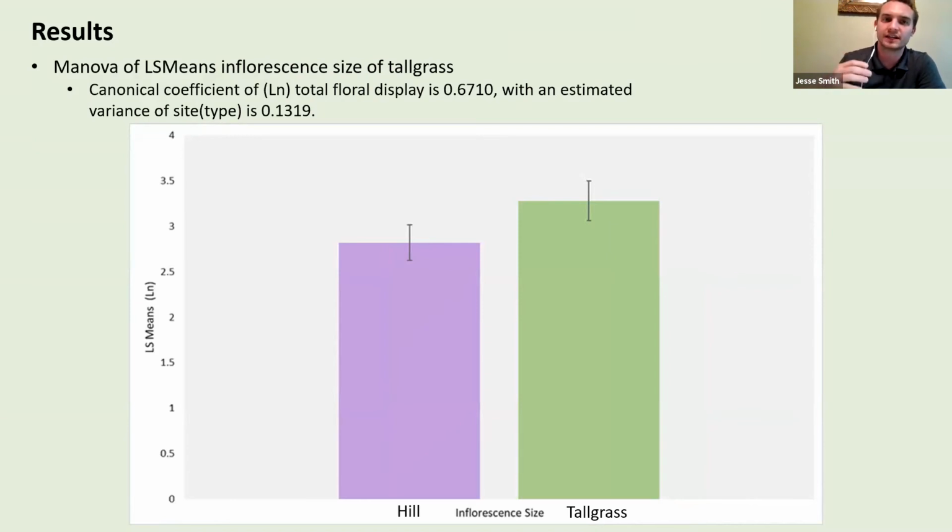This is looking at the total floral display here, and what we see is that this is pretty marginal. It's really close to being significant between the two types of prairie. So there's almost an effect of the different prairie types impacting growth, and we'll see in a moment the impact on pollinators.